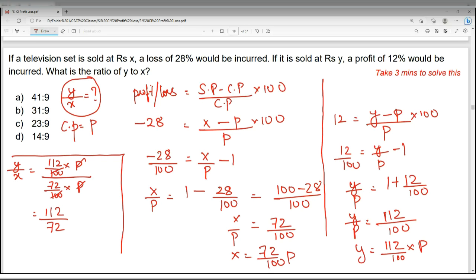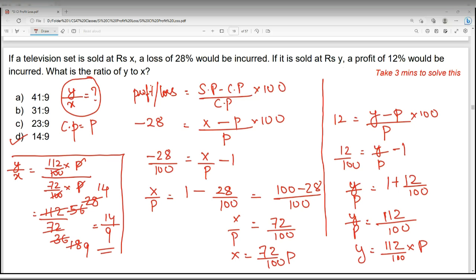So 2 3s are 6, 2 5s are 10, 2 1s are 2, 8s are 8, 2 9s are 18, 2 1s are 2. This is equal to 14 by 9. So the correct option is option D.